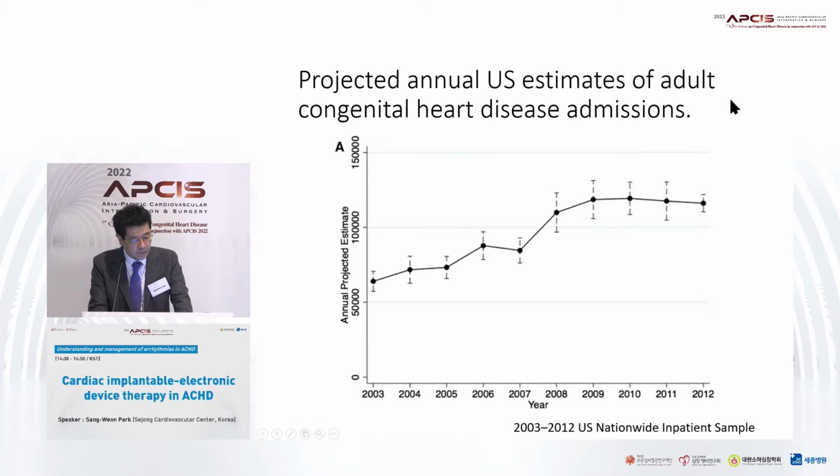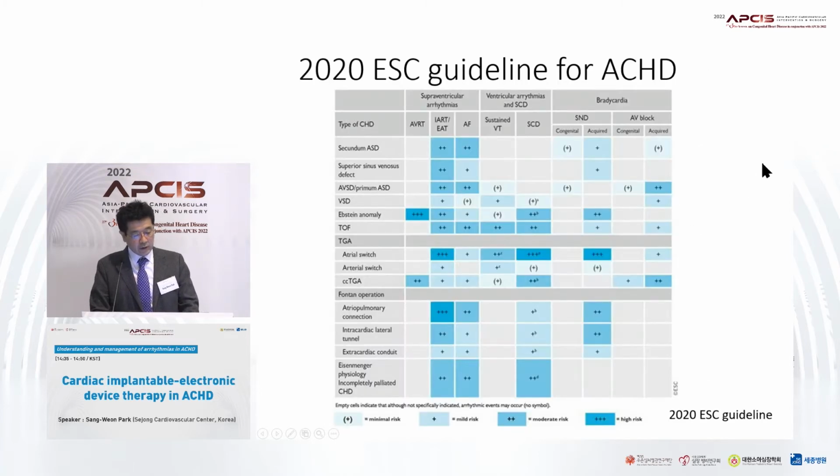reimbursement company, and the projected annual US estimate of adult congenital heart disease admissions increased with ages. And this is the 2020 ESC guideline for adult congenital heart disease.